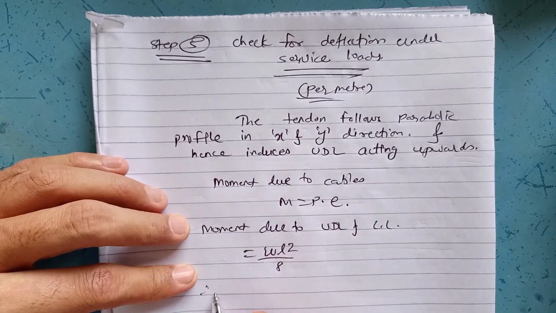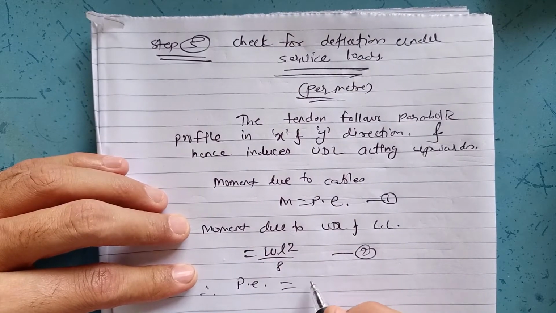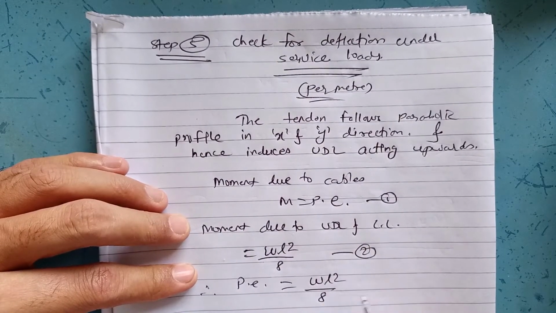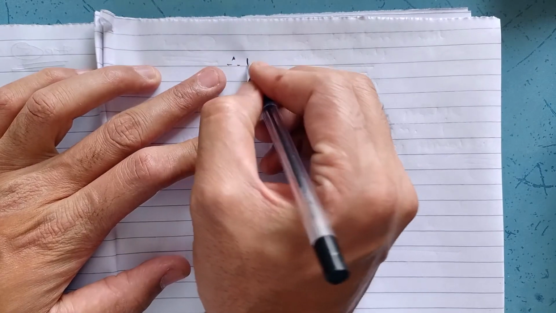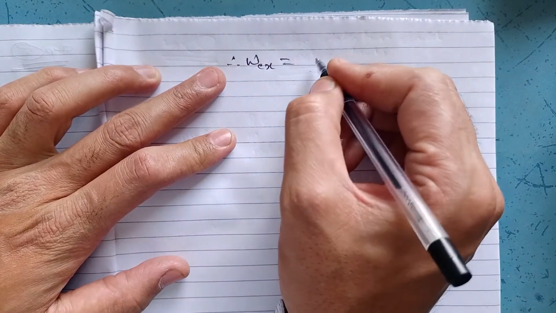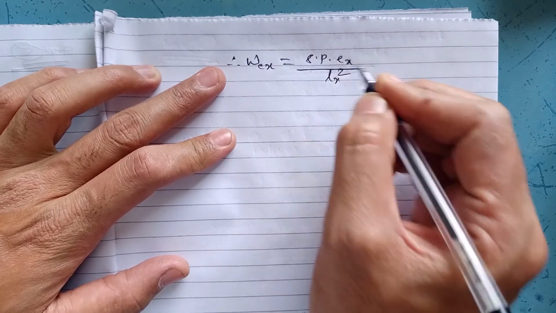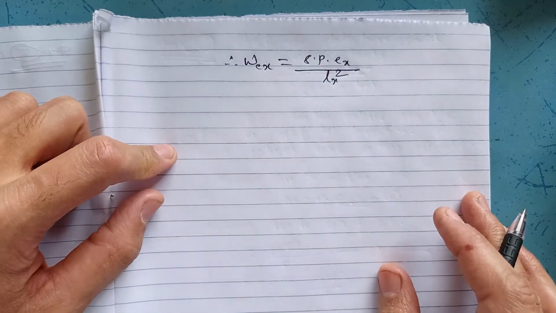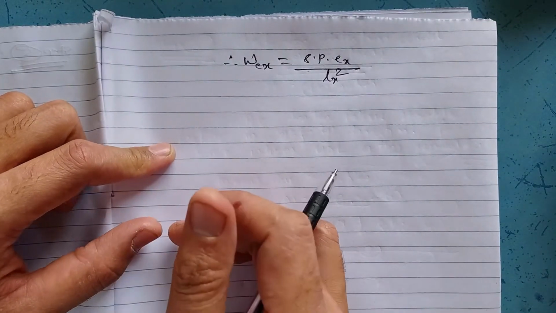Now equating both the moments, we can write P into E as WL square by 8. Therefore, W is equal to 8 into P into EX divided by LX square.